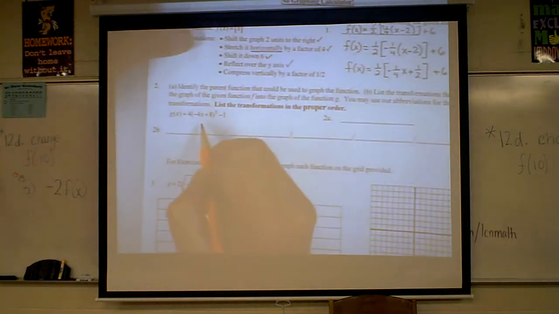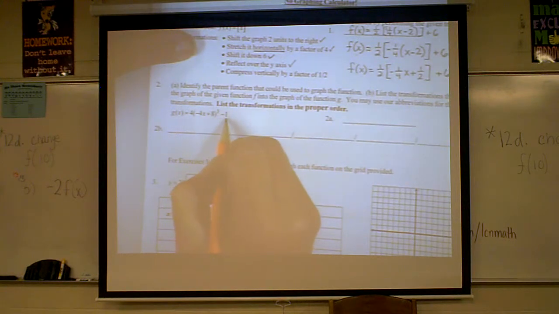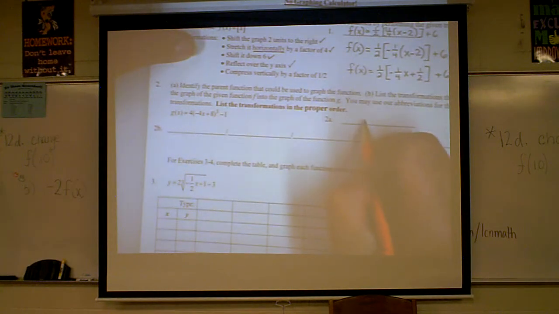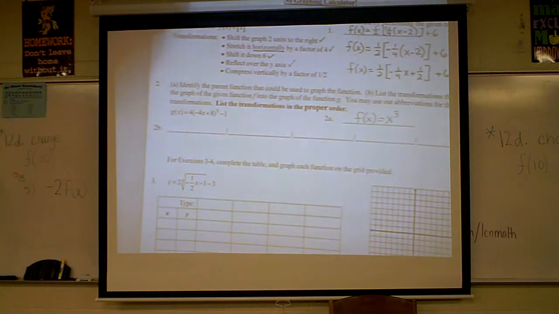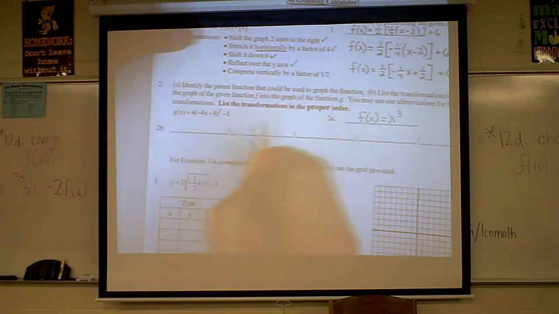Number 2. First, you have to take this function. g of x is equal to 4, and then it's negative 4x plus 8, cubed, minus 1. So the cubic function is, we're going to write f of x, this is your parent function, x cubed. Now the transformations are done in a certain order.